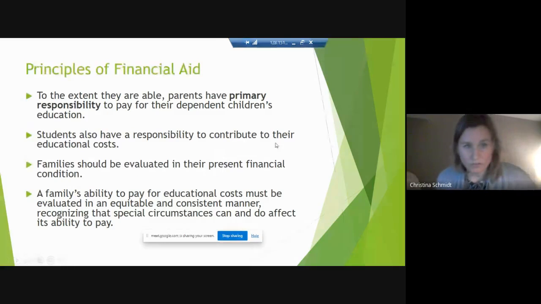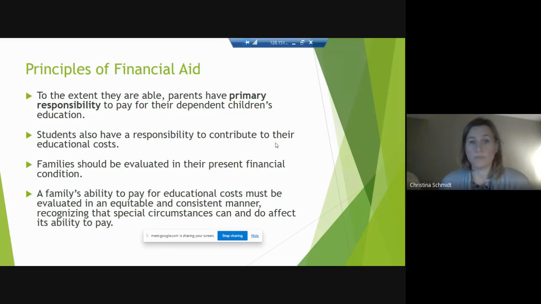So it's important to first look at the principles of financial aid, or the philosophical approach that schools take when reviewing applications. And first of all, to the extent that they are able, parents have the primary responsibility to pay for their dependent children's education.